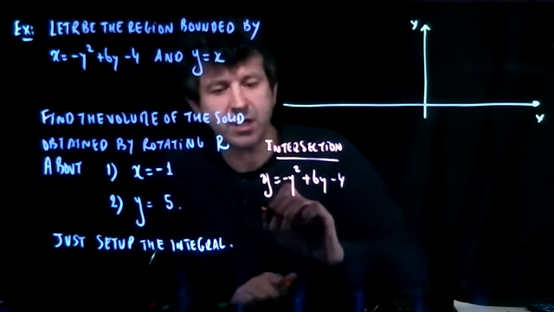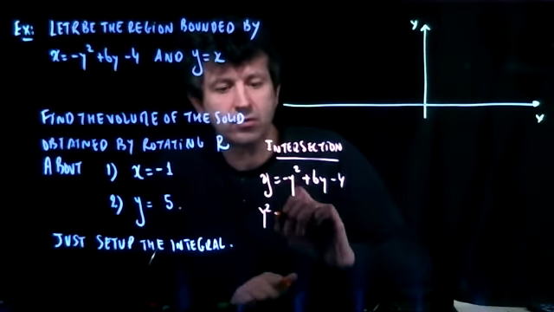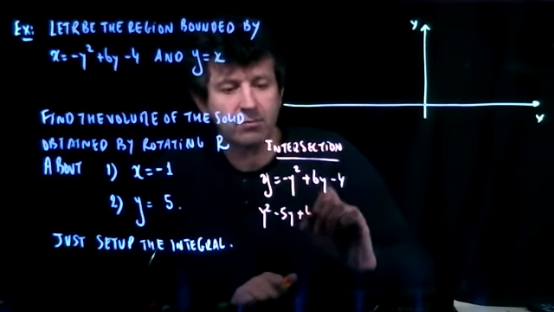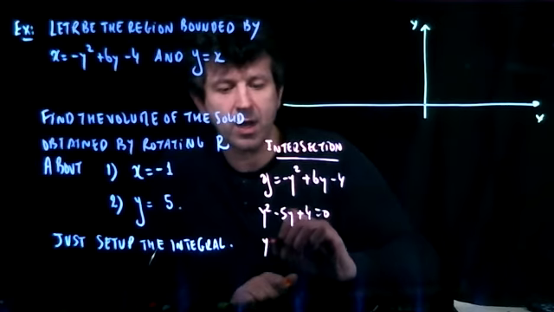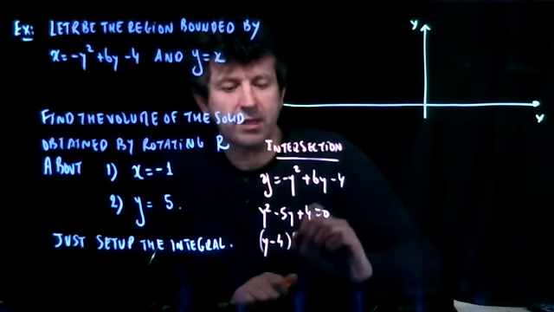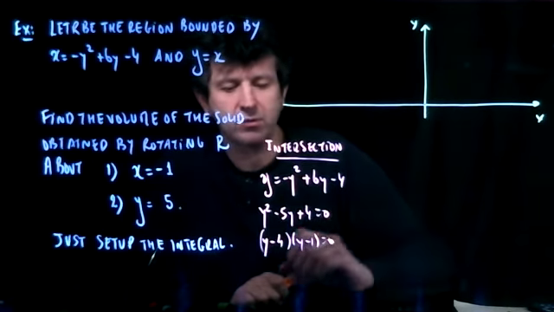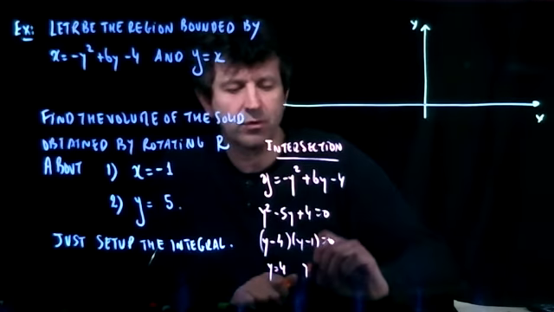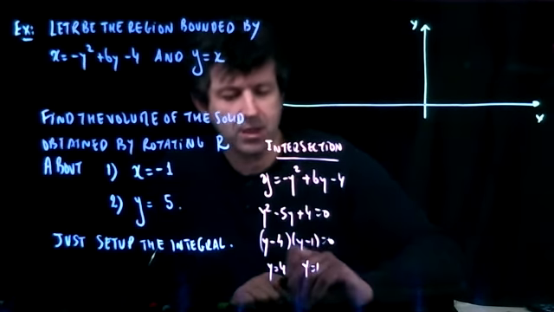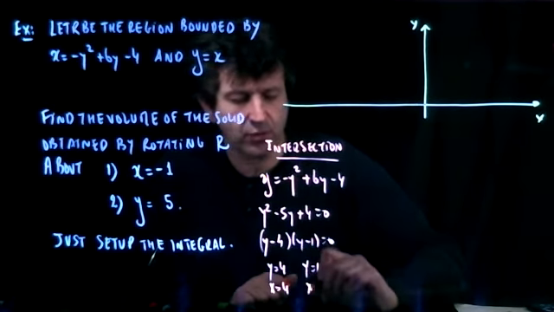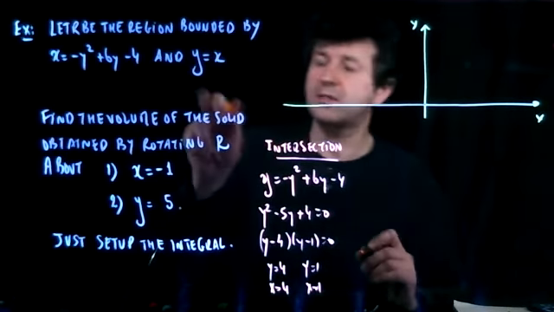Send everything to the left side. y² minus 5y plus 4 equals 0. So (y minus 4) times (y minus 1) equals 0. So y equals 4 or y equals 1. Which means x is 4 and x is 1, since x equals y.